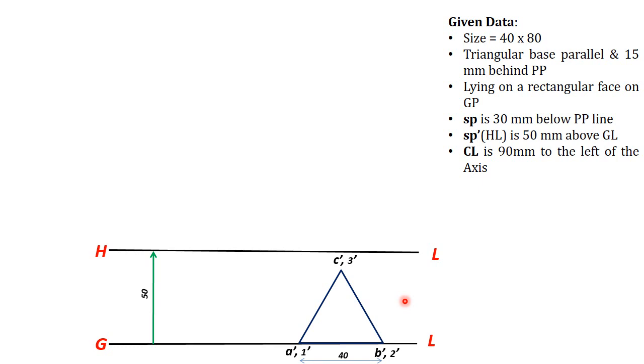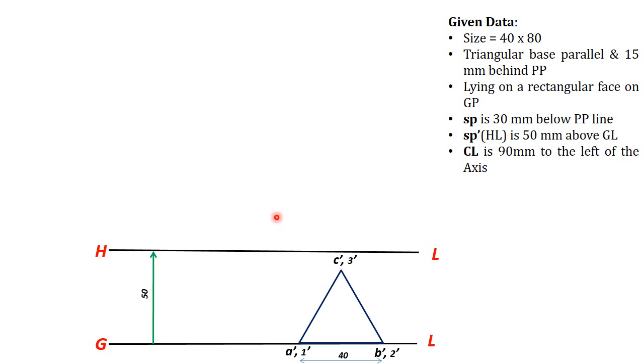You can directly see the true shape of the base in front view. So because it is lying on the ground plane, one rectangular face you should draw on the ground line, that is A, B, 2, 1. That is your rectangular base.